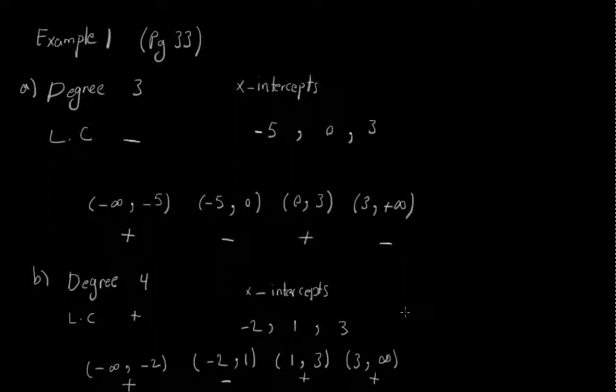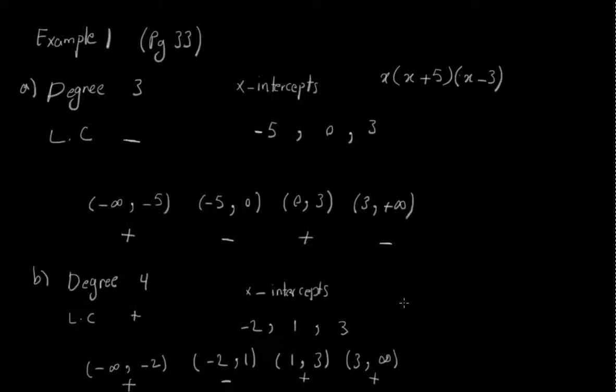Now if you also want to write the factors for part A and B, we have a -5 here, so the factor is going to be x plus 5. We have a 0, so the factor is just an x, so I'm going to put it at the beginning. And for the 3 that we have, it's going to be x minus 3.